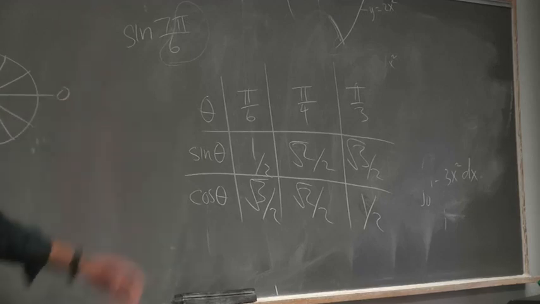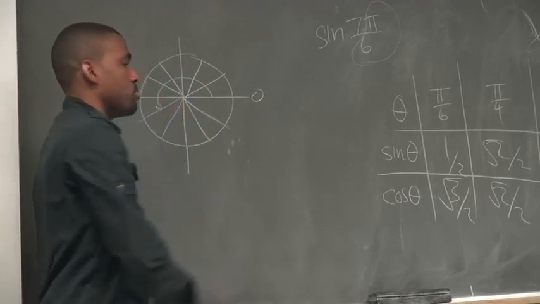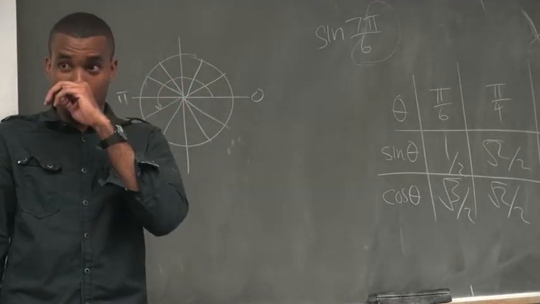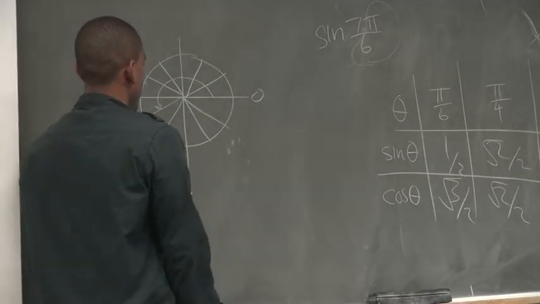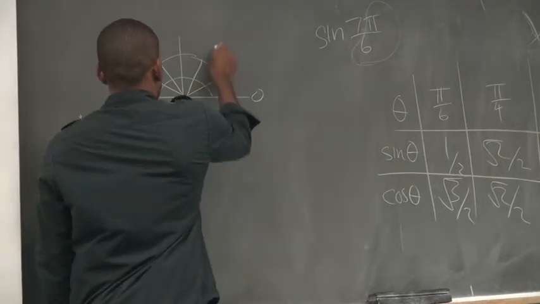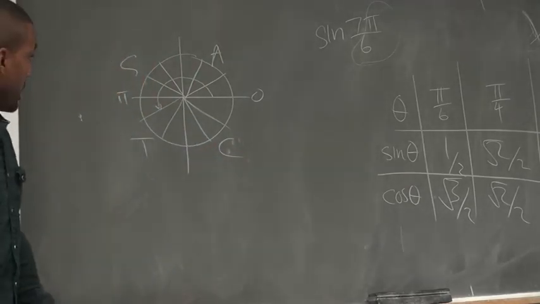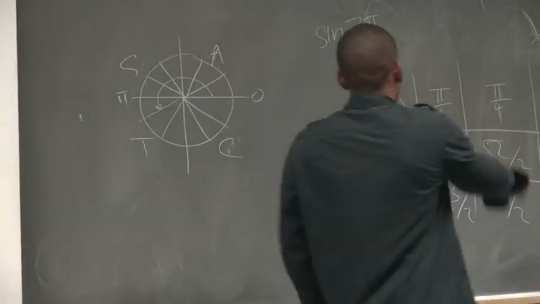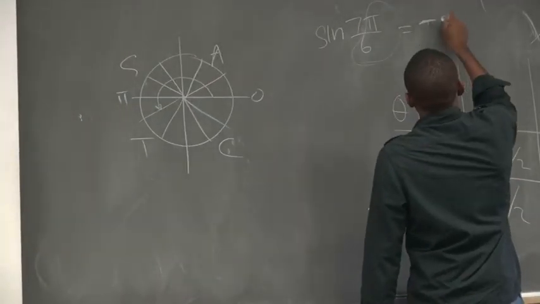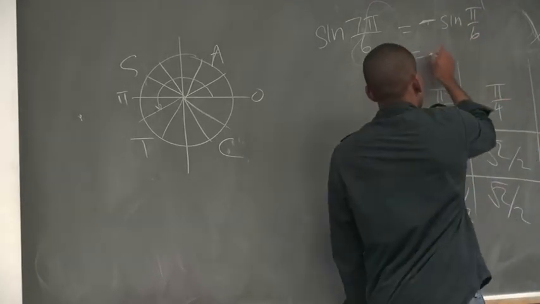And you count all 7 pieces: 1, 2, 3, 4, 5, 6, 7 brings you into the third quadrant. What does that tell you? Negative. How do you know it's negative? Because of All Students Take Calculus or whatever. So now you know that whatever the answer is, it's going to be the negative of the special angle. This is just minus sine of pi over 6, which from your table you know is just a half.